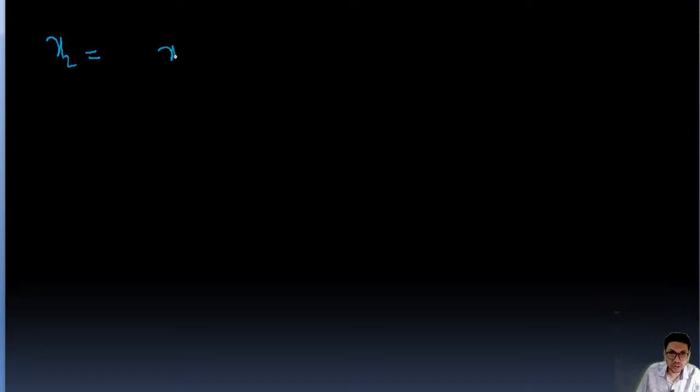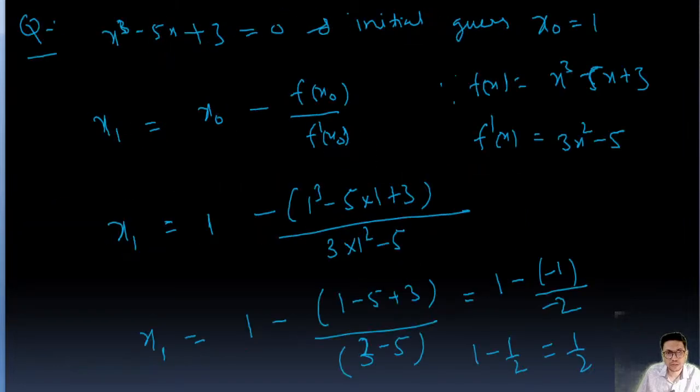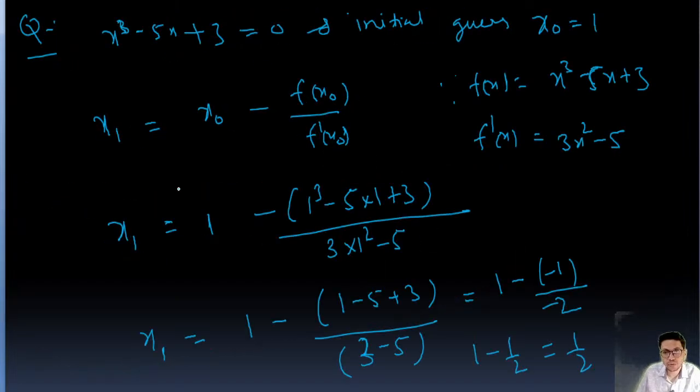X2 is going to be, then x1, the formula, right? This one, xn plus 1 equal to xn, so this x1, this is x0, right? So x1 minus f(x1), x1 equal to half, or we can write 0.5. So we'll put the value.